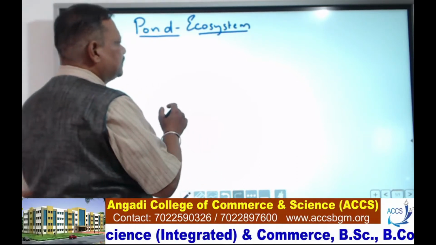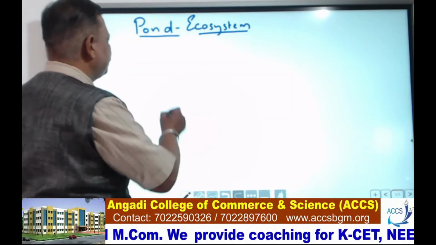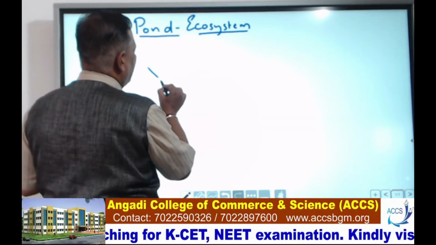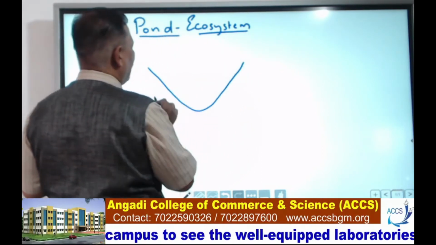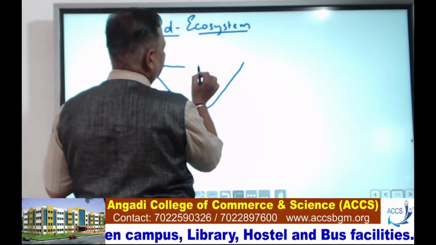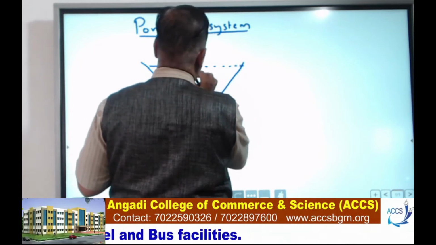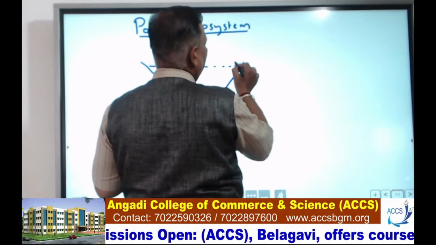In this pond ecosystem, first, a schematic or diagrammatic representation. I'm drawing a figure here and I'm calling it a pond. So, this is the water level.